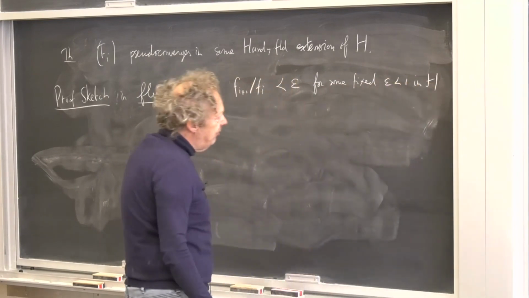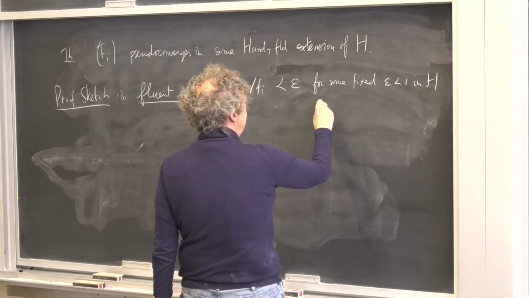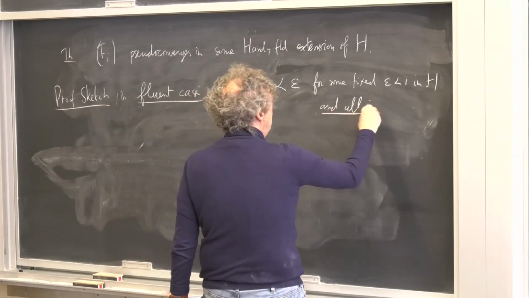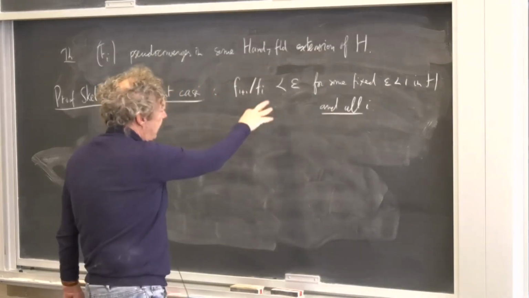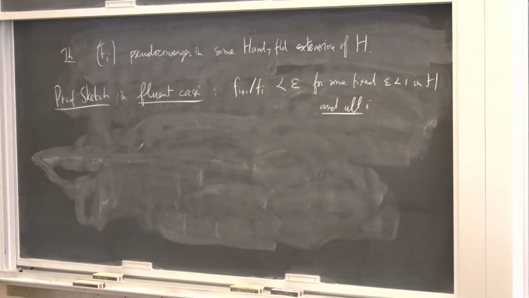It's not a real number, but an infinitesimal germ in H, for all i. They are all infinitesimal, but of course that doesn't guarantee that they are all below a fixed infinitesimal.